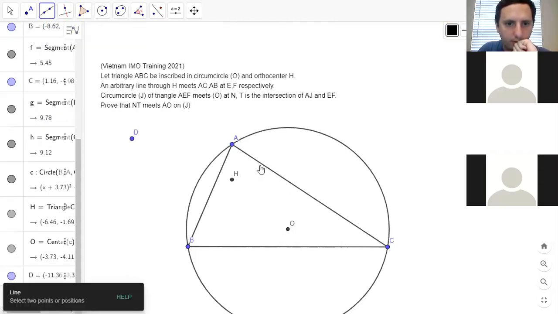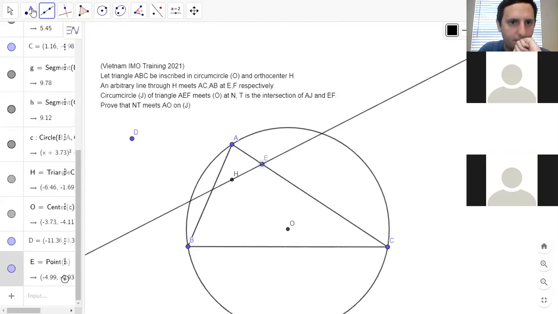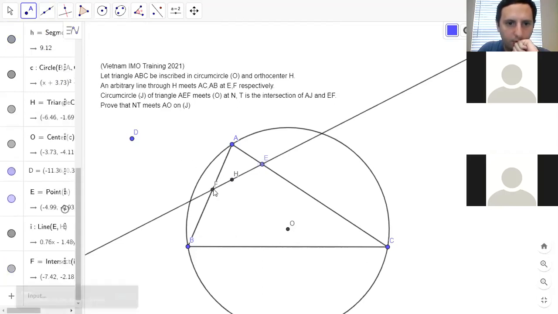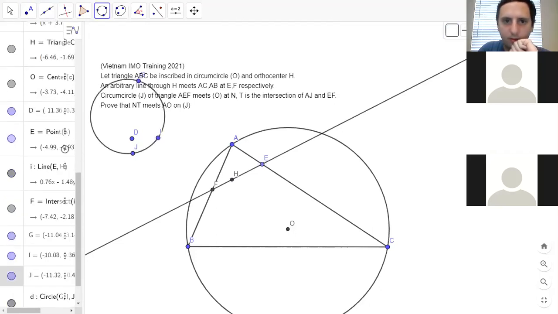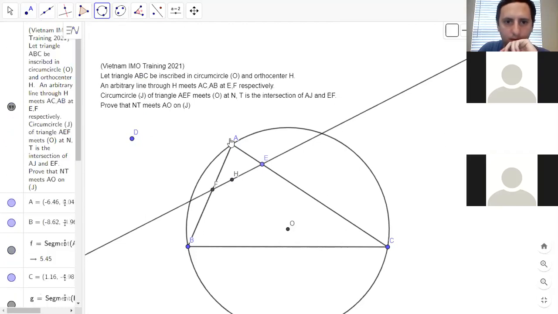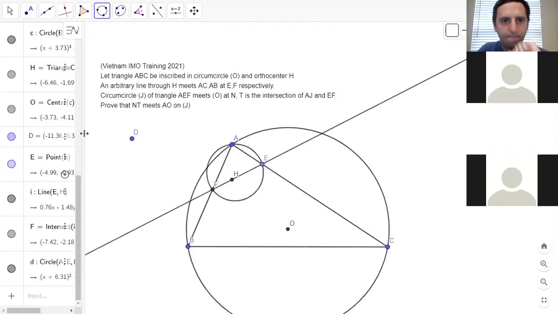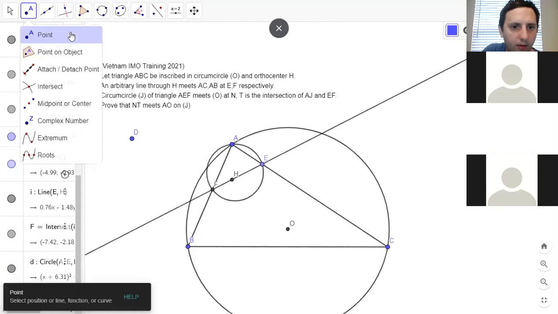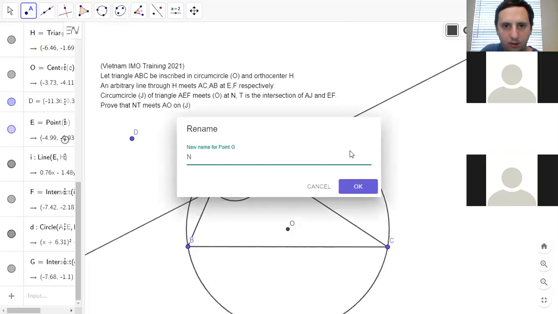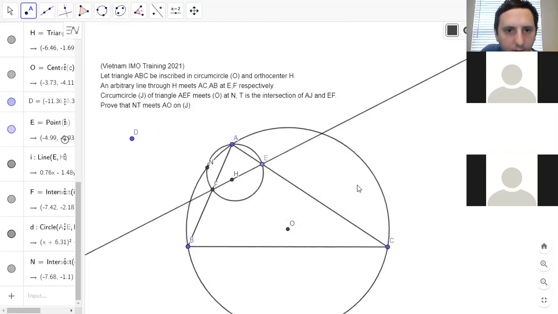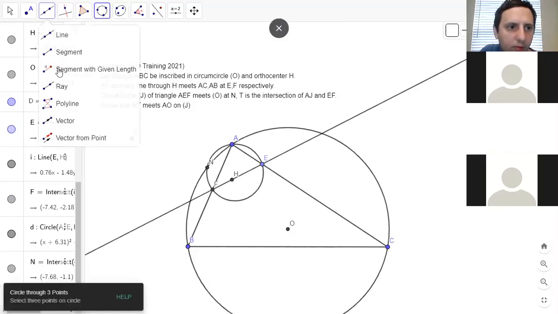Okay, so E is on AC and F is on AB. And then we draw the circumcircle of AEF. And it meets, I gotta be careful about clicking, so it meets this at N. T is the intersection of A, J. So J is the center of that circle.